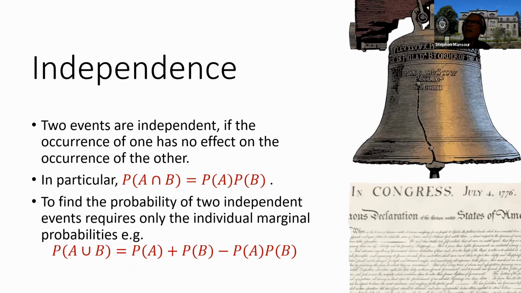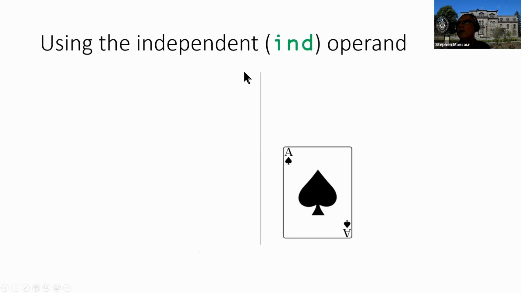In the case of independence, we can use the probability operator in a slightly different way. We're going to use the independent operand, or IND for short. If I have a deck of cards and I select an ace, what's the probability that I select an ace?